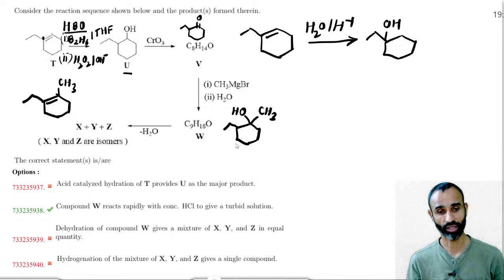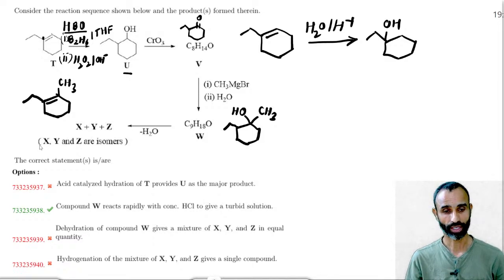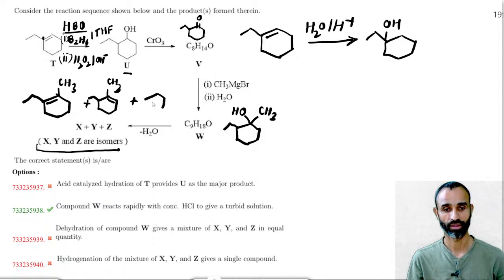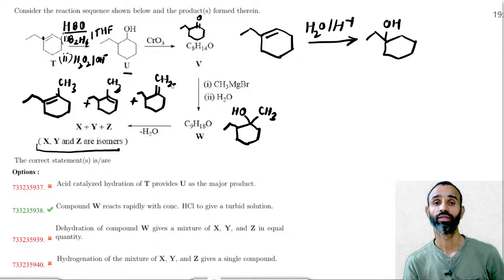There are three products: X, Y, and Z. So first this one. Second, the position of the pi bond will be different, on this side. Third, it will take from here. So these are the three products.